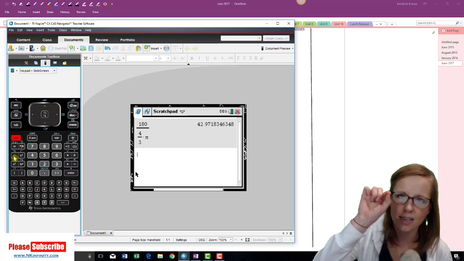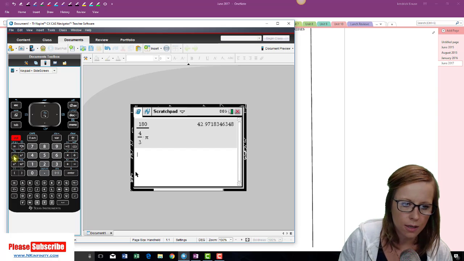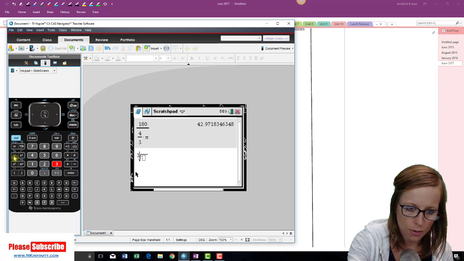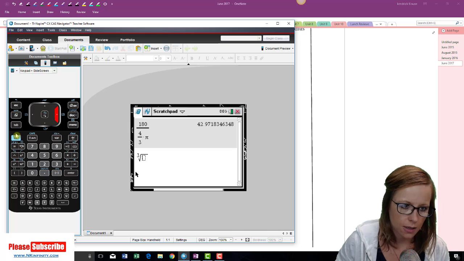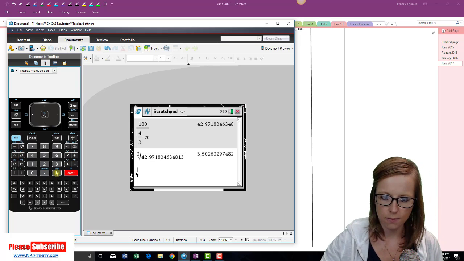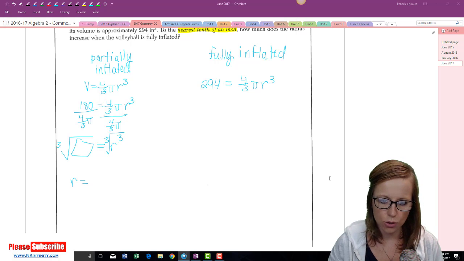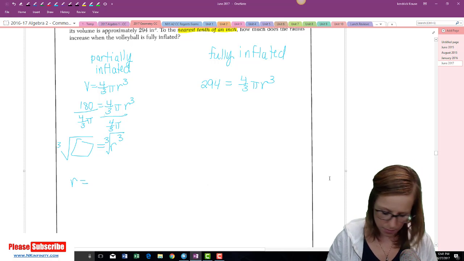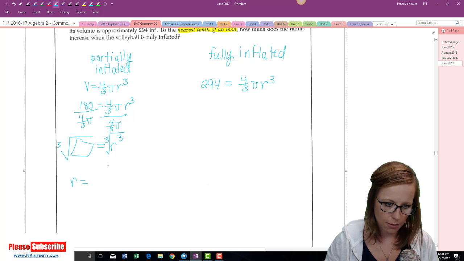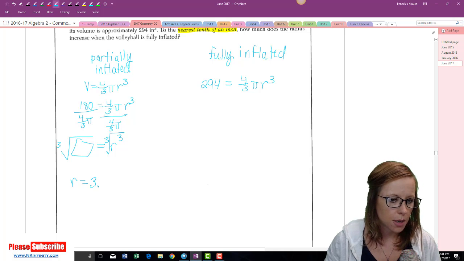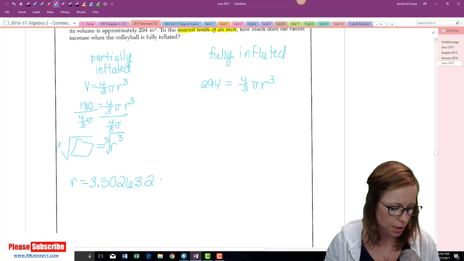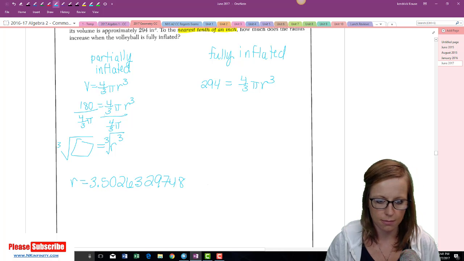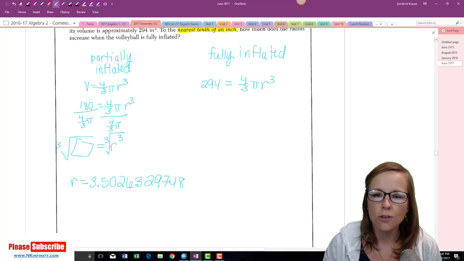You'll see the N in the blue or yellow. We want the cube root of our answer. Control answer. 3.50263. And I'm going to write out the whole wacky number, 3.5026329748.